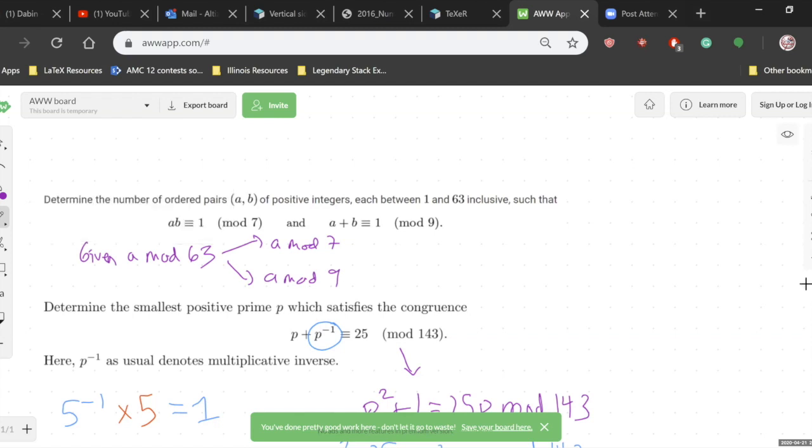The first equation, assuming that A is not 0 mod 7, gives you B mod 7, and the second equation gives you B mod 9. If you combine those two things together, you get B mod 63 uniquely. So as long as A is not divisible by 7, you get a unique solution. Therefore, the answer is 54, if I remember correctly. 54? Yeah, it's 54.